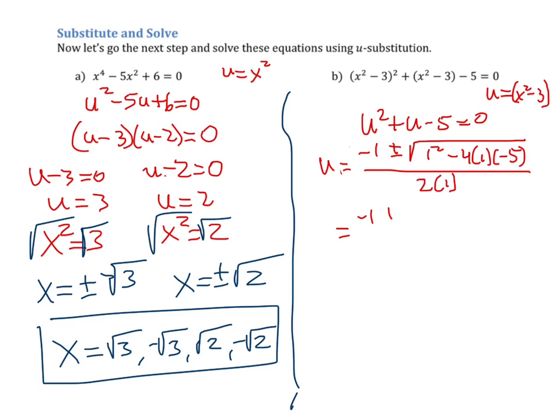And so that's negative 1 plus or minus the square root of 1 plus 20, all over 2. Okay, so there's our U.